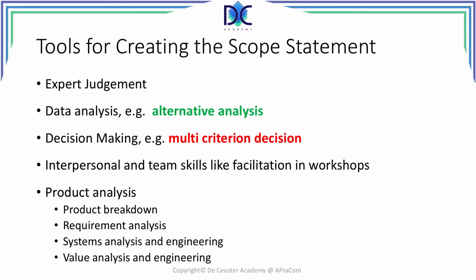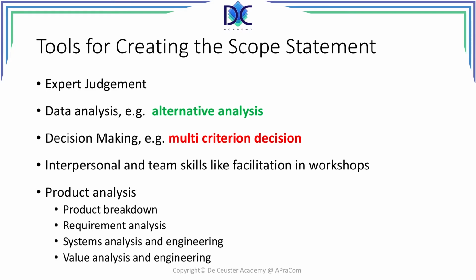We can use different tools to create the scope statement. First of all, we have expert judgment. We can use data analysis techniques, for example, like alternative analysis. Decision making is a very important tool and is composed of many tools like multi-criterion decision making, decision-making methods, and so on.